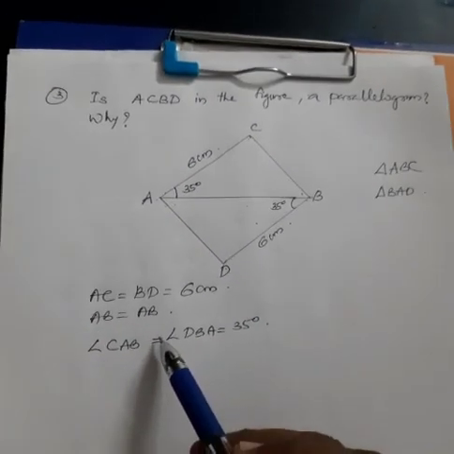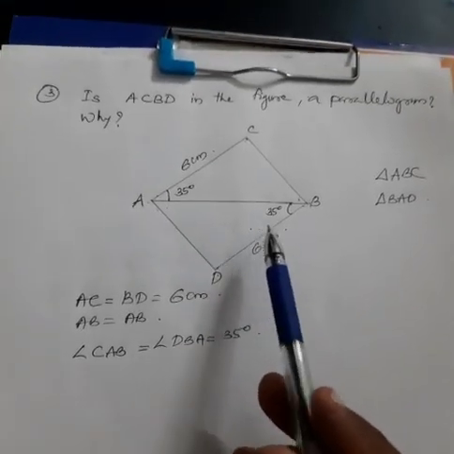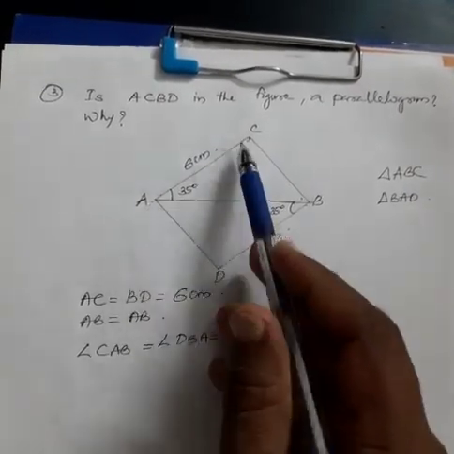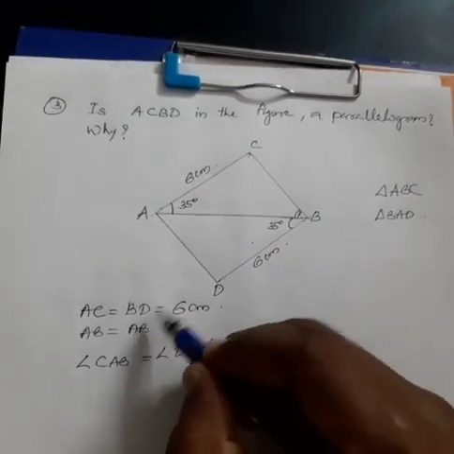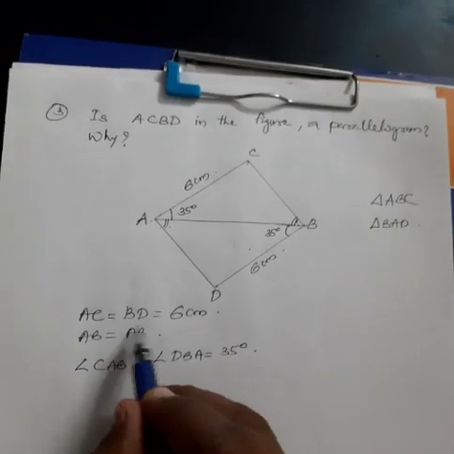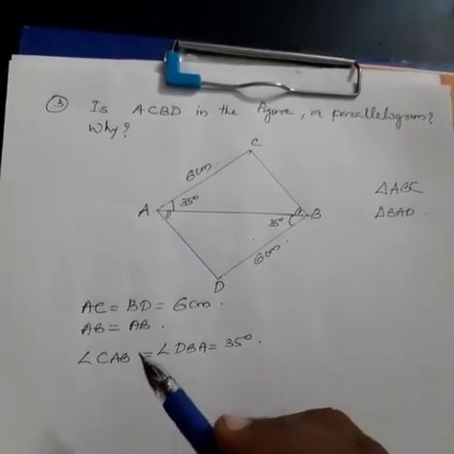Using this, you have to find out the other angles and all. So AC, the opposite angle is here. BD, the opposite angle is here. If the sides are equal, you can write the angles are also equal.